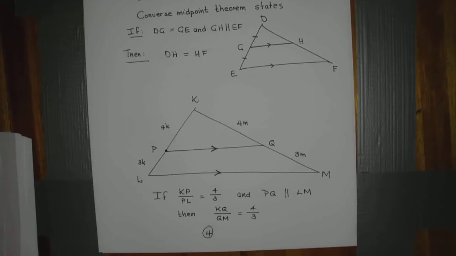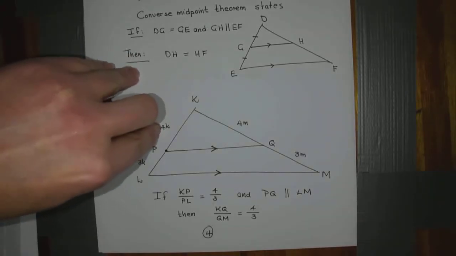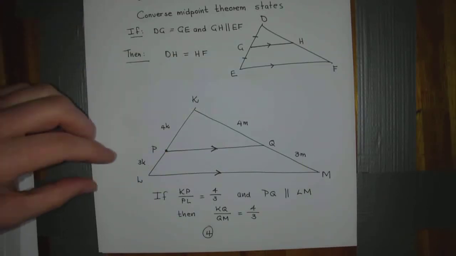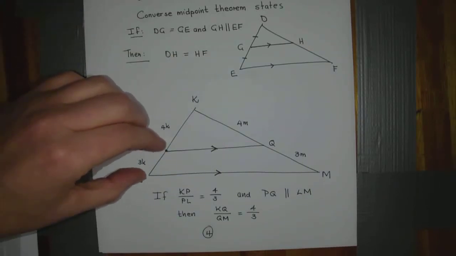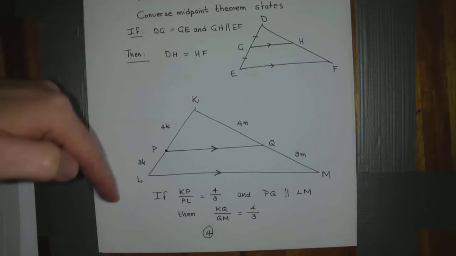So it's quite possible that k is going to be equal to 1. So if k is equal to 1, that means this has got a length of 4, this has got a length of 3. Everybody understands that. But it's then quite possible that m is equal to 1.5, which makes sense because this side is clearly longer than this side.